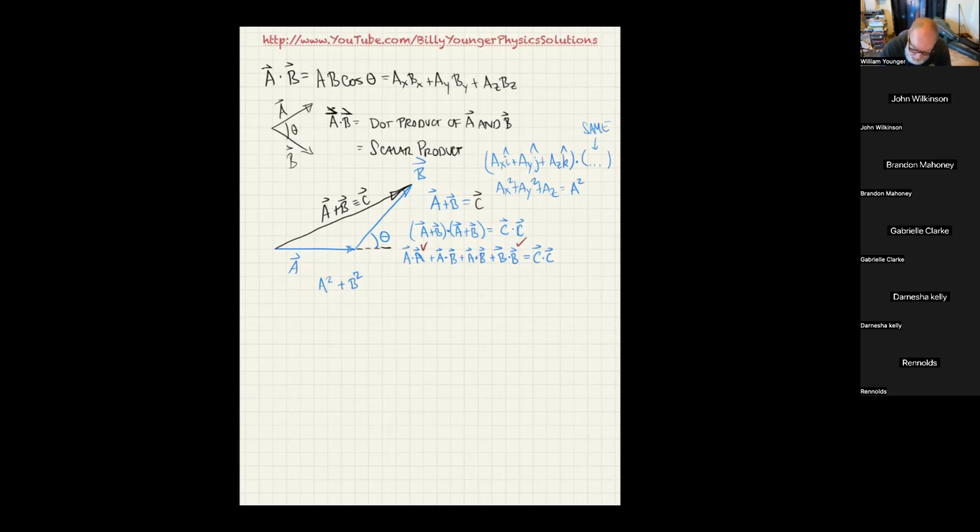Now I'm going to say plus 2 times a times b times cosine theta. Notice I've now taken care of this term, and all that's equal to c squared. Now, I think you can see from this that this is the law of cosines, basically.